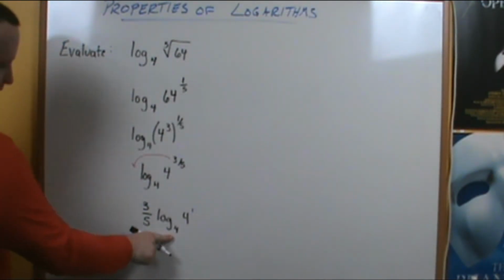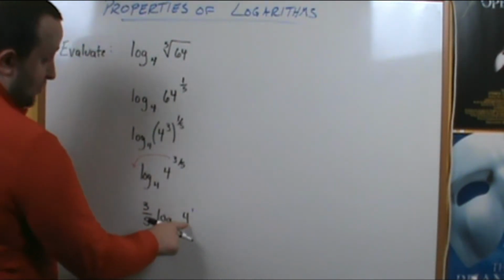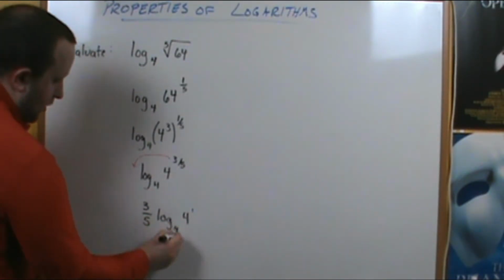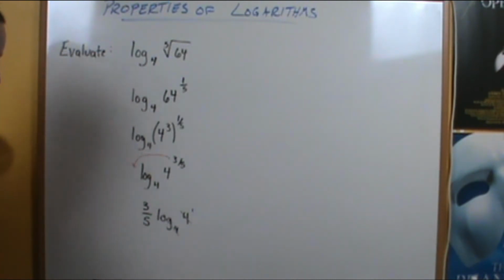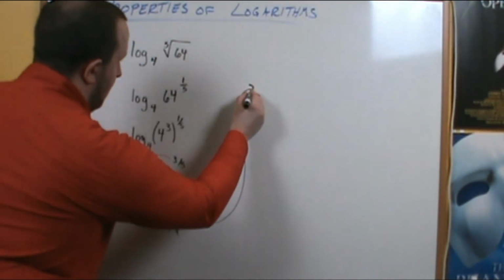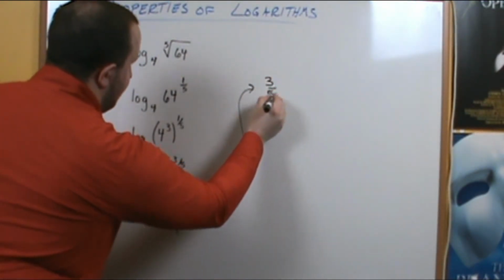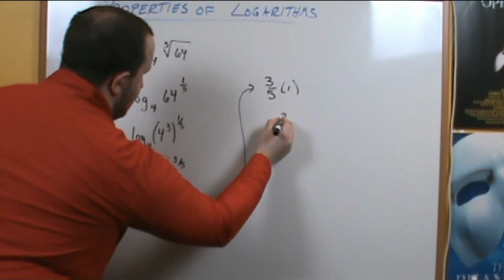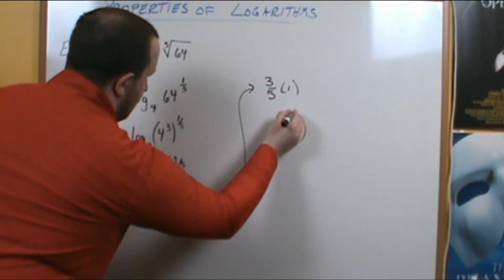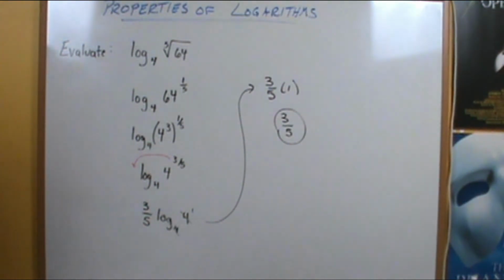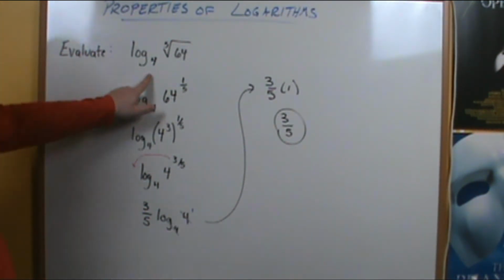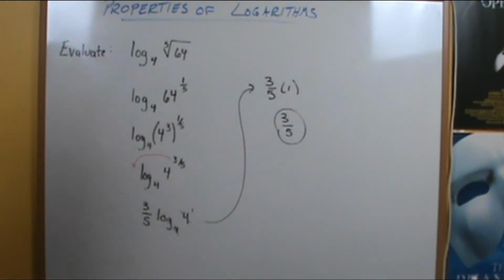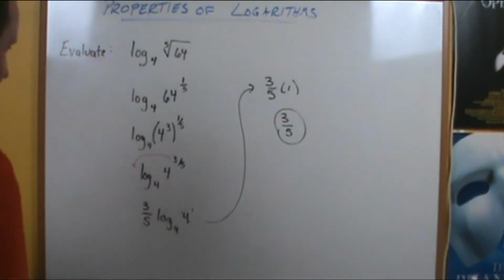We have a logarithm with base 4 of an exponential expression with the same base. The log and the base go away, and we're left with 3/5 times 1, which is just 3/5. So the value of log base 4 of the fifth root of 64 is just 3/5.